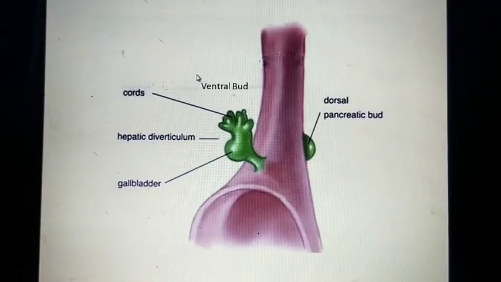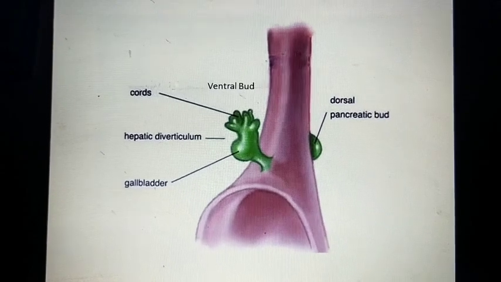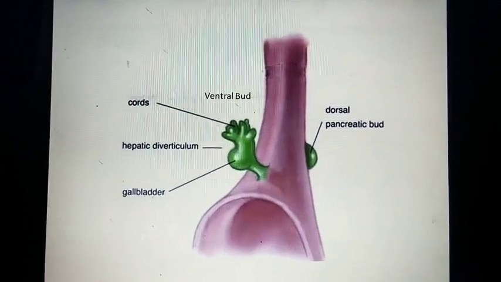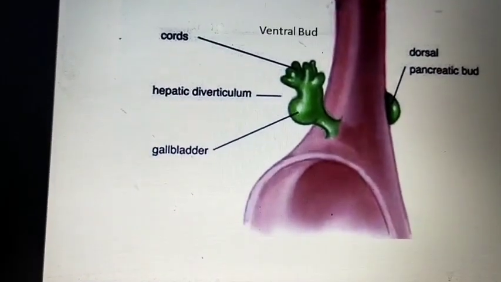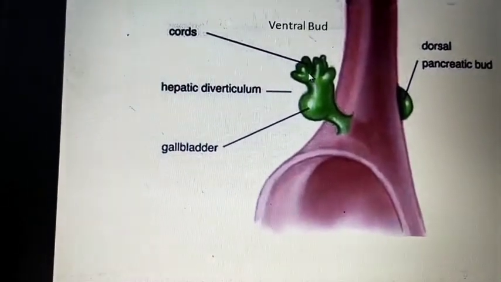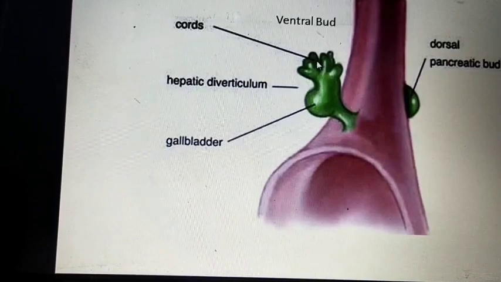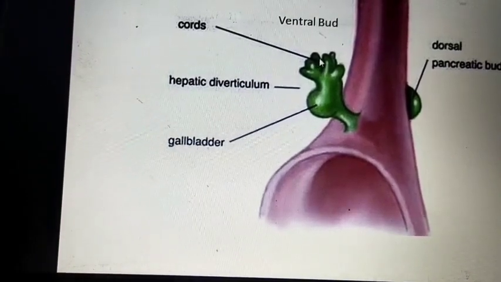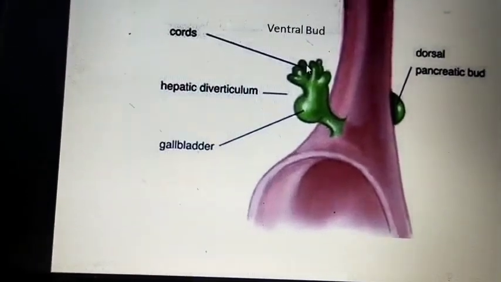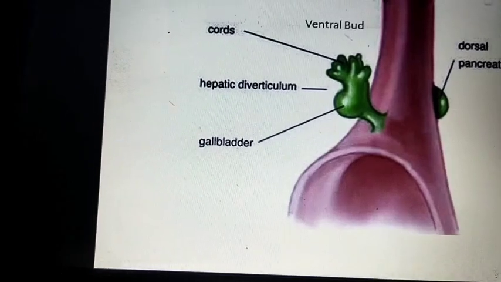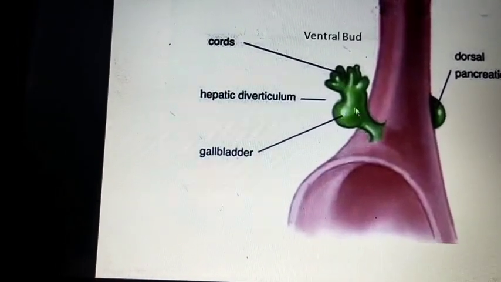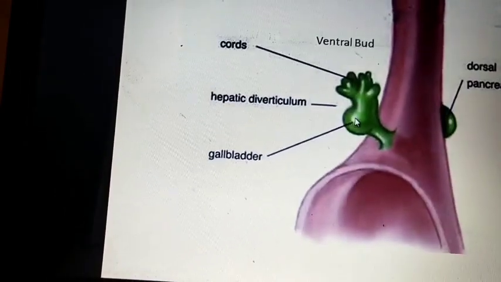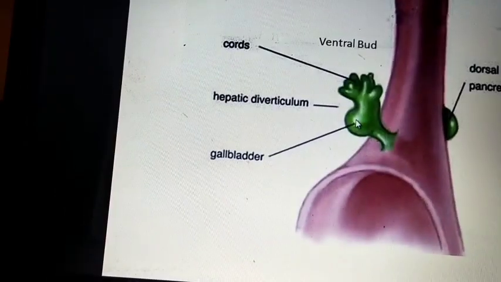The superior bud forms the liver and extrahepatic biliary tree, and the caudal bud develops into the superior and inferior buds. Okay, the inferior bud forms the gallbladder and cystic duct.